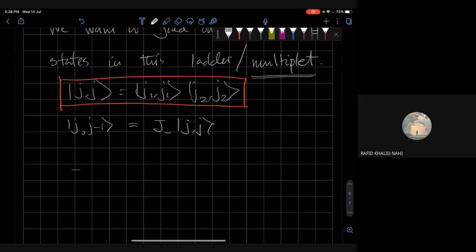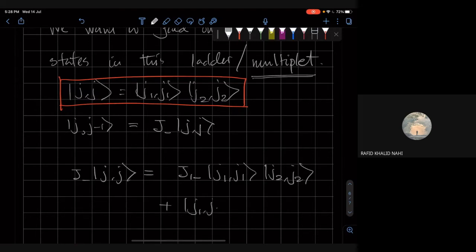So j minus acting on jj is going to be equal to j1 minus acting on j1, j2, plus j1 with j2 minus acting on j2. Does this make sense?